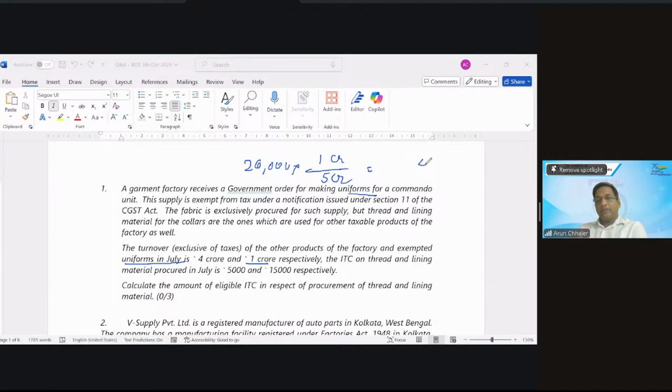So it will be 4,000, right? The 4,000 would be the ineligible credit and the balance 16,000 would be the eligible credit.